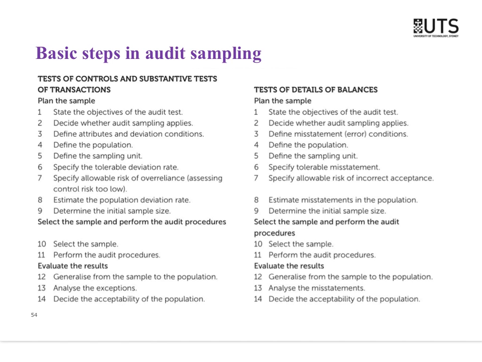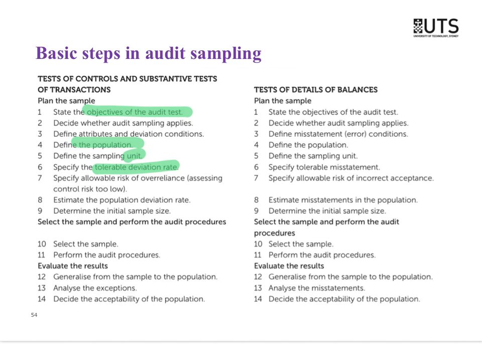All right, so in terms of selecting samples, there are these lists with heaps of things, but I'm just going to highlight the key things. What assertion am I testing if I'm doing a substantive test? What's the population? Is it sales transactions, purchase transactions? What is the unit I'm looking for? Am I looking for individual transactions? Am I looking for customers based on accounts receivable?